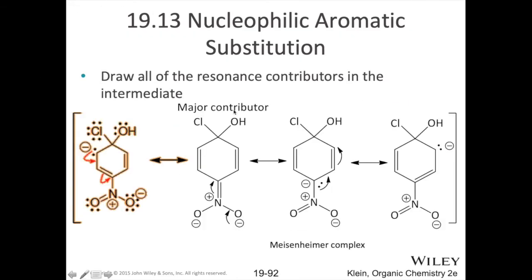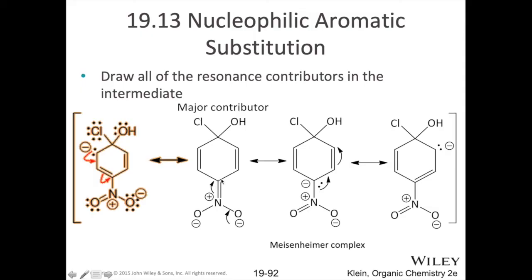Okay, so here's what that looks like. We start off with that negative formal charge over here in the top left. We have it move down here. It can move over here, and it can also move down to that nitro group. So again, it's very useful to have that nitro group at that position where it can be involved in that resonance.